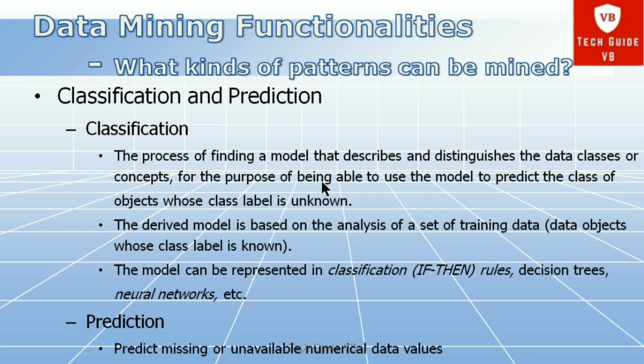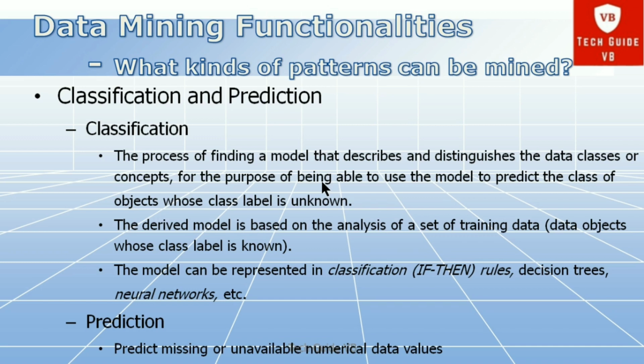So if you want to find the unknown data or the future data, we are using the classification model, because there are two phases in classification: training and testing. The training phase is a known entity because it is based on the historical data, and the testing phase is an unknown entity because we are predicting the future.